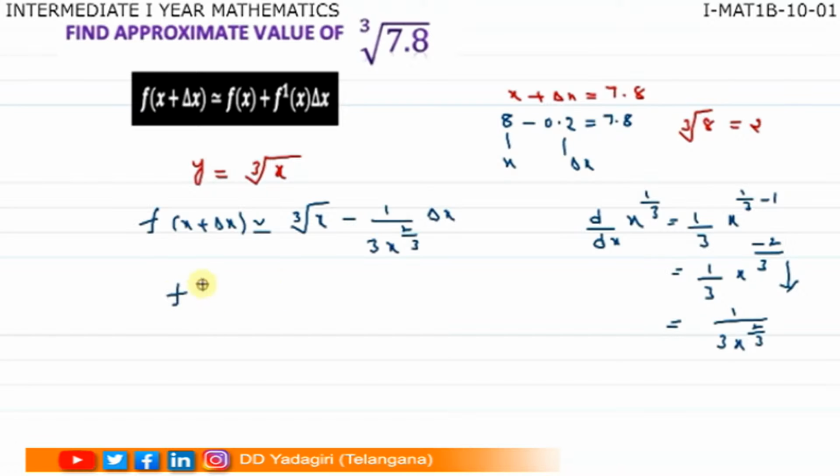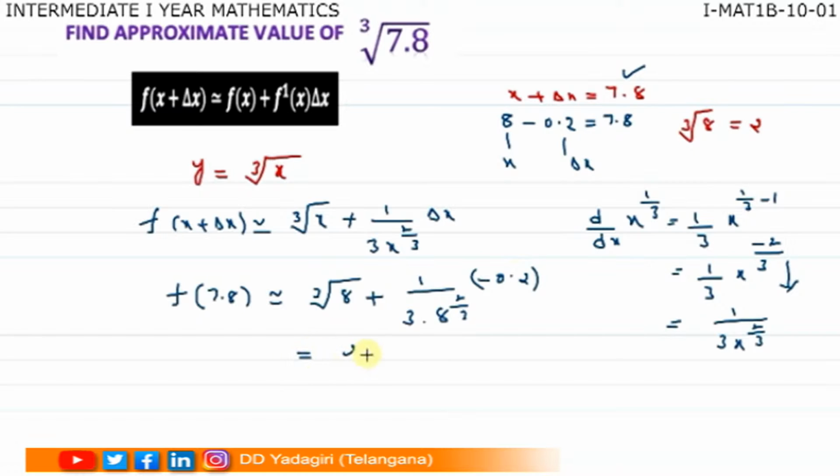Now substitute the values here. X plus delta x means 7.8 is approximately equal to the cube root of 8 plus 1 by 3 into 8 to the power of 2 by 3, into delta x, where delta x is minus 0.2.